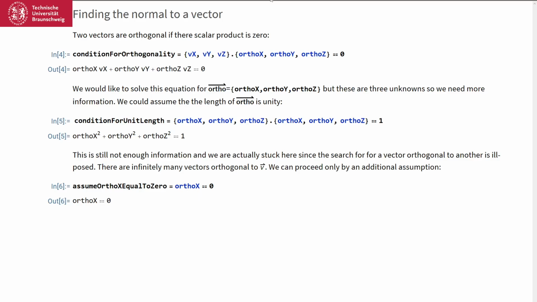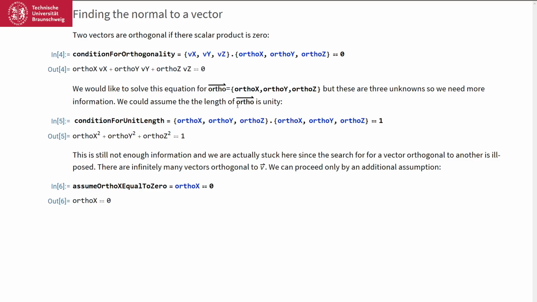So what we can do now is take the vector of our coordinate system x, y, and z and do a scalar product. In Mathematica, a scalar product is just putting a dot in between the two vectors. This is how we get it, and we put this to 0. So this is one condition.